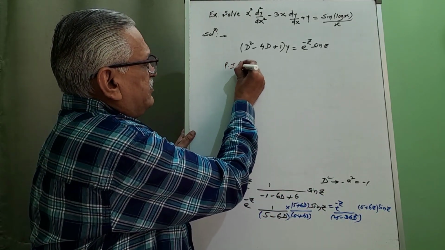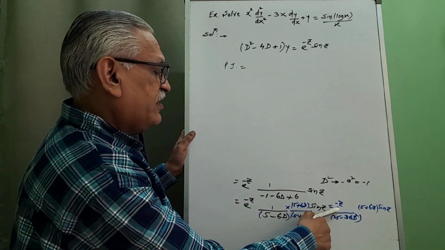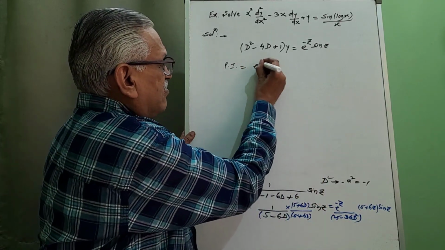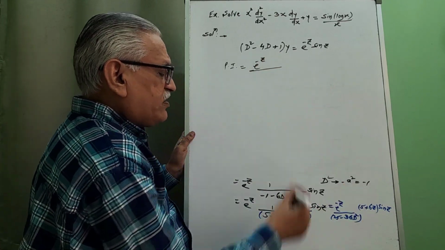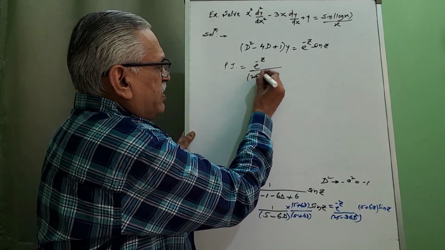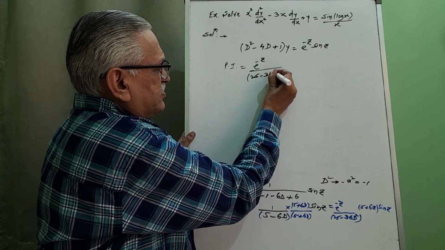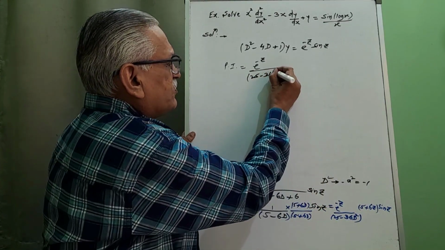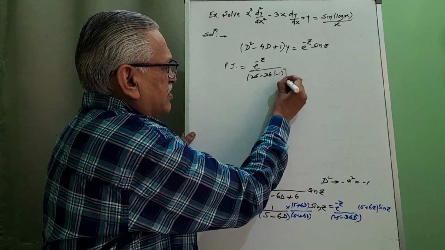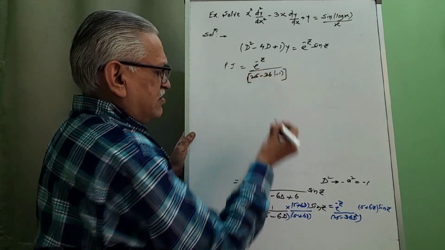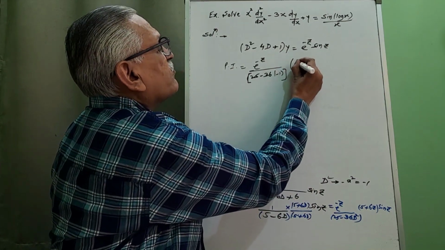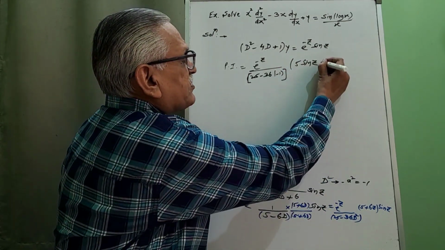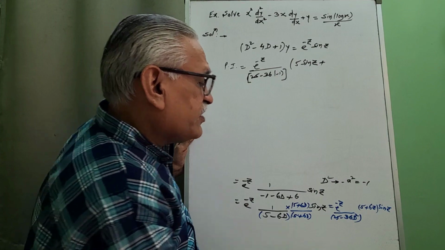Therefore we get PI is equals to e raised to minus z, D square replaced by minus 1. Therefore we get 25 minus 36 into minus 1. 5 times sin z, we get 5 sin z plus 6D, not z.